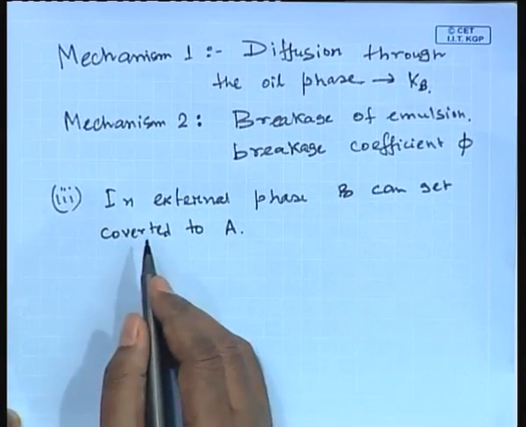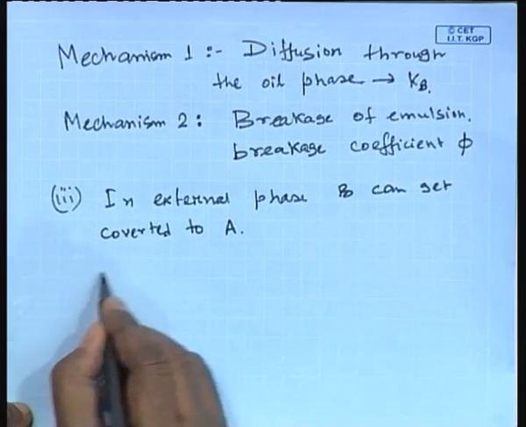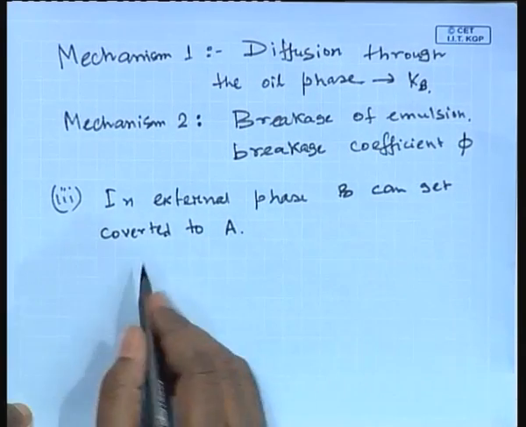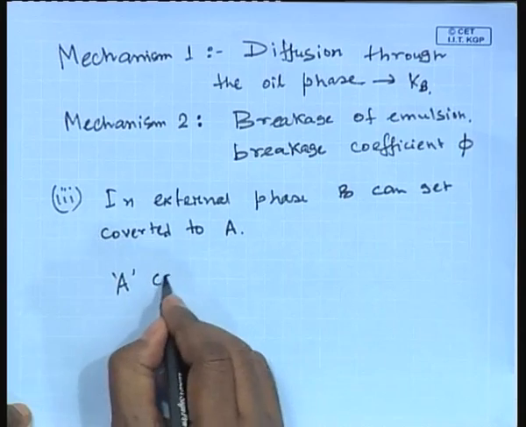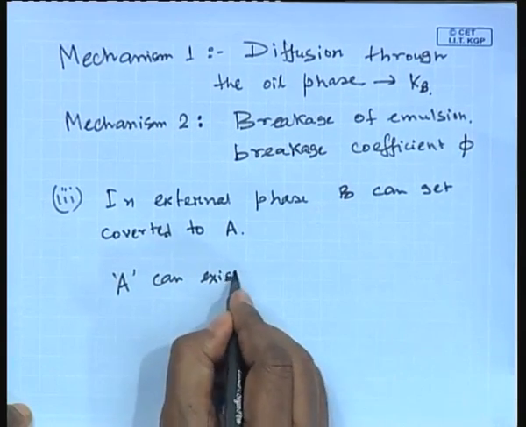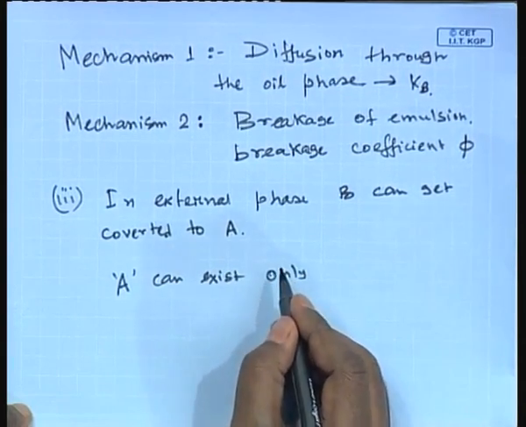So, therefore, what is the conclusion about these three salient features? Number 1, A can exist only in the external phase.